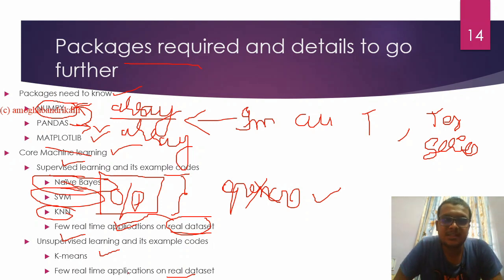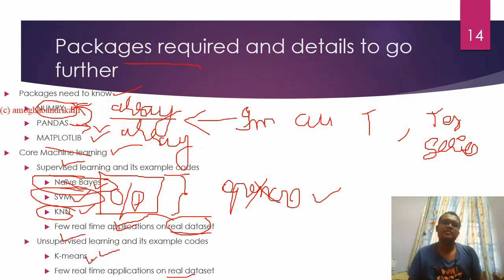These are all the methods you will learn on a real-time dataset. You are not going to work on any dummy dataset. You will download a dataset from Kaggle and work on it. So you learn Naive Bayes, SVM, KNN and k-means.